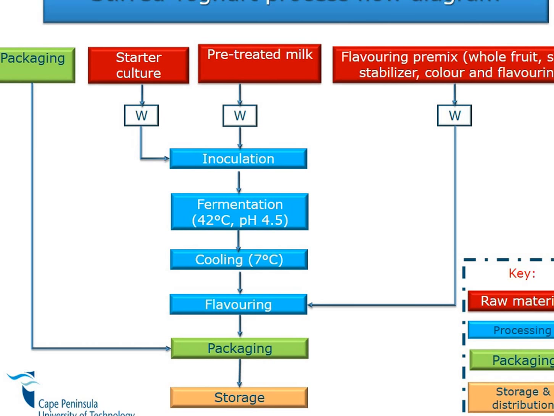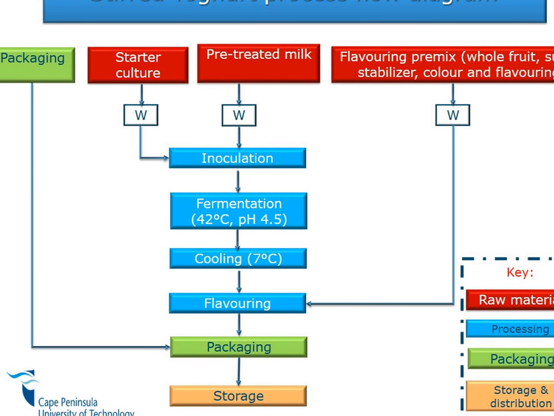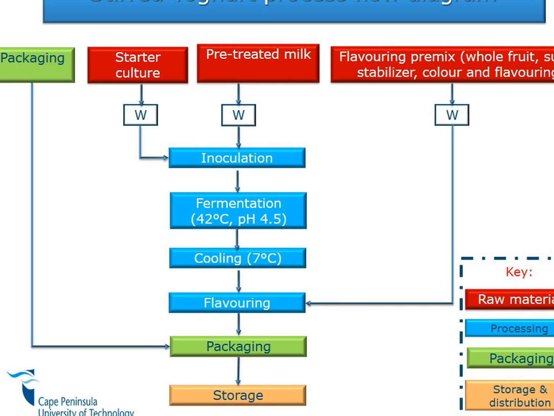If we start here, you start with your starter culture and your pre-treated milk. You weigh in your milk and you weigh in your starter culture. A starter culture is used in order to inoculate the milk, so we call this an inoculation step. Once you are done with the inoculation, they go through a process of fermentation. The fermentation would be at 42 degrees Celsius to pH 4.5 and maybe for 24 hours, depending on the time that you would like to have.